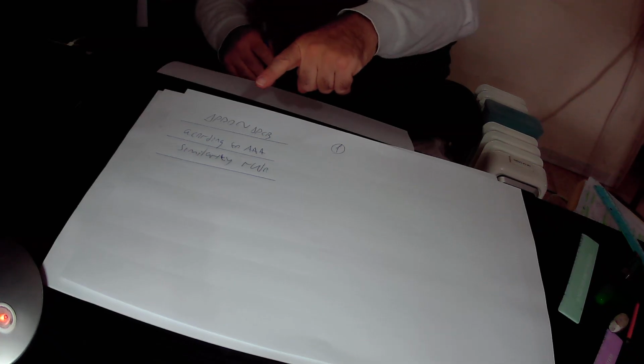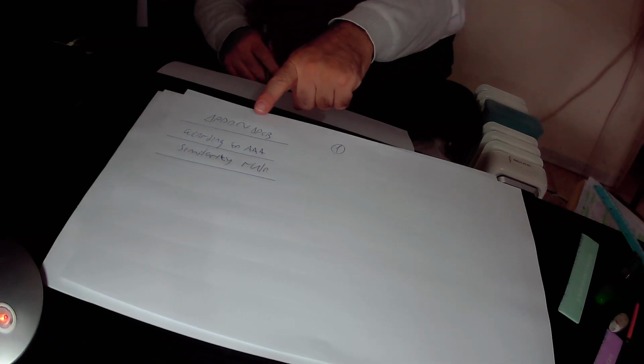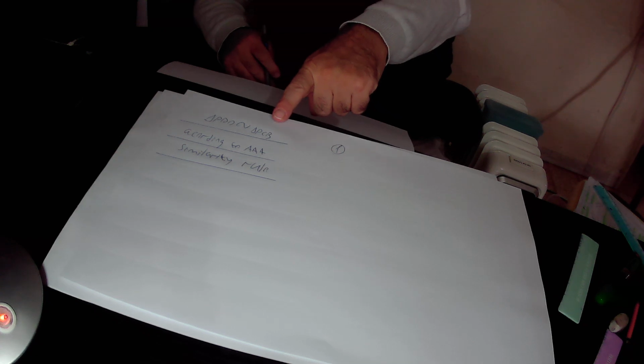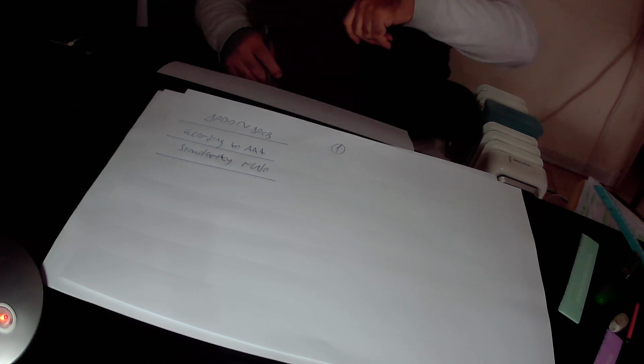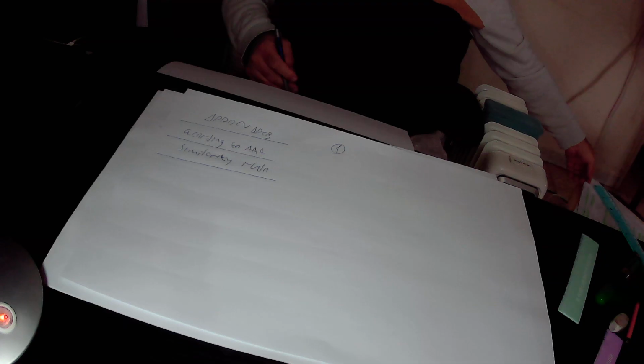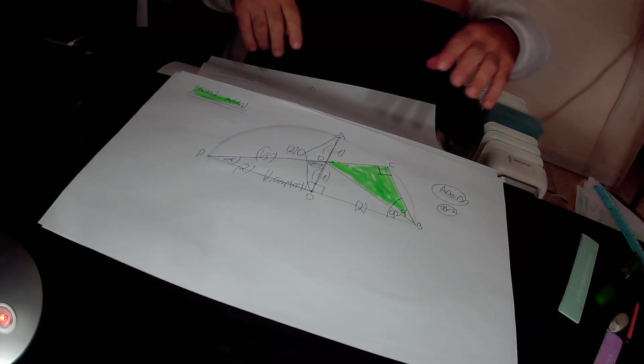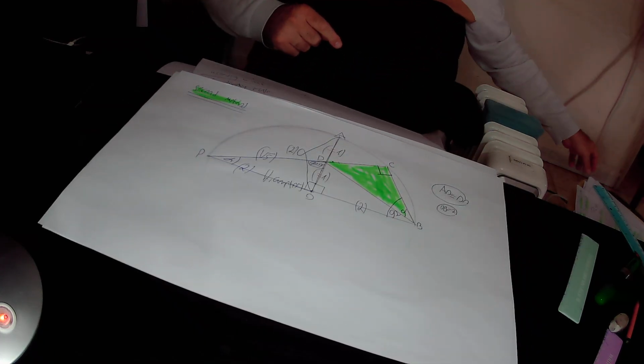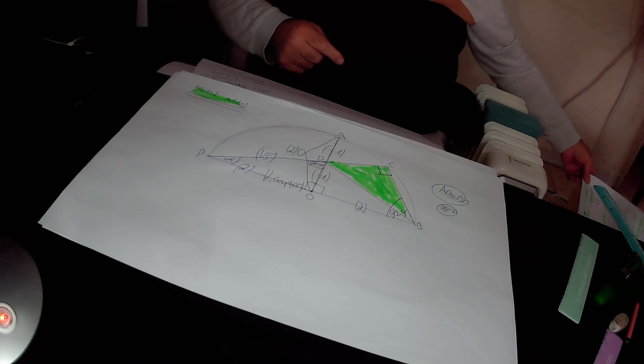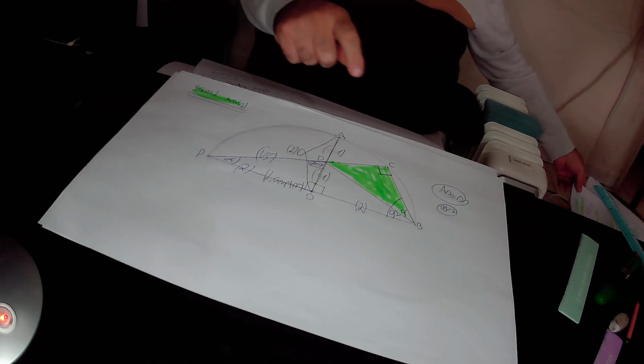Again, the small right triangle PDO is similar, this is the sign of similar, to the big right triangle PCB according to the angle similarity rule. And from the fact that those two right triangles are similar to each other, we know that the following relationship exists between their sides.